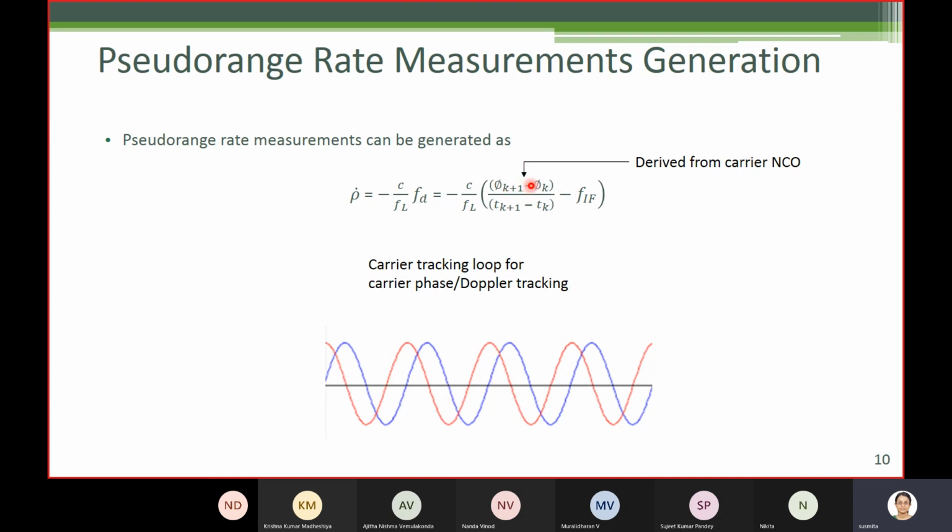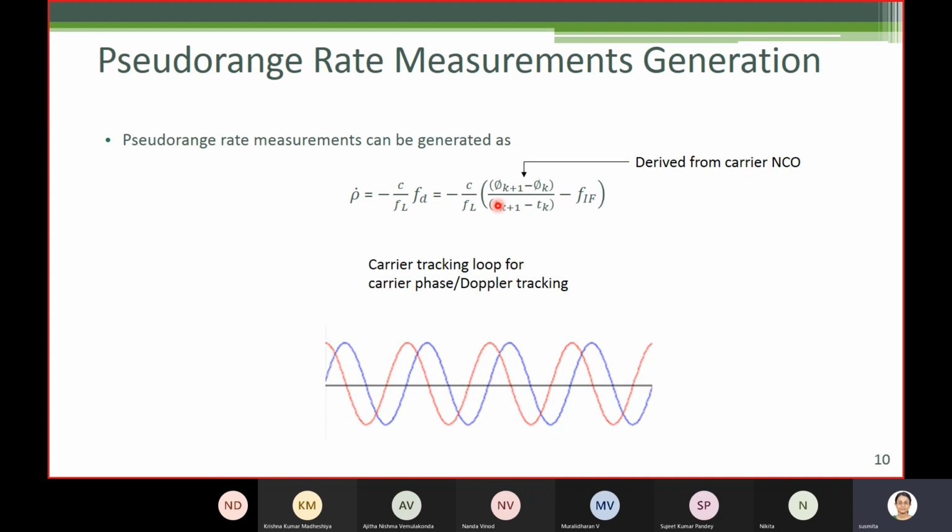Difference the two. Divide this by the corresponding difference in the time instants. The separation between them will be small, on the order of a few milliseconds. It can be 1 millisecond apart, 2 millisecond apart, 10 millisecond apart, like that. Very small time difference. So this will give the rate of change of phase.